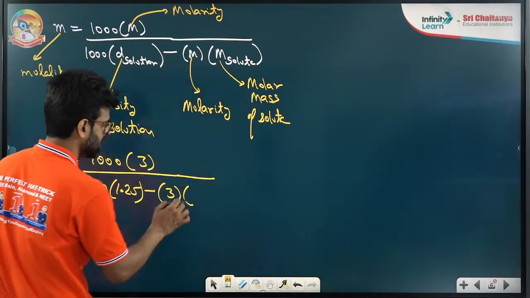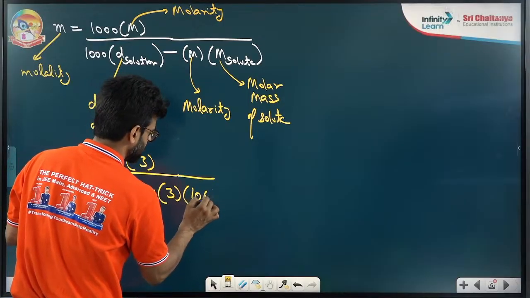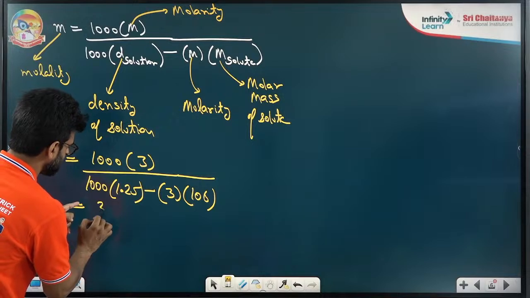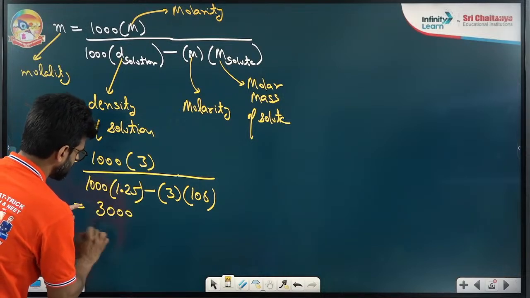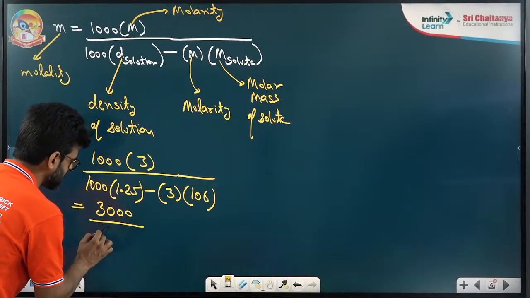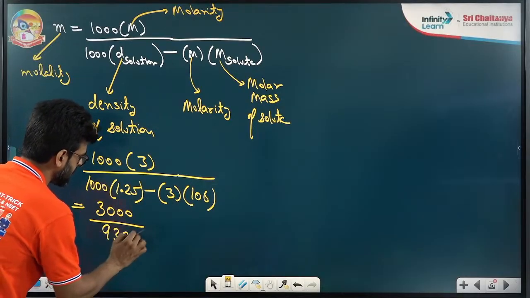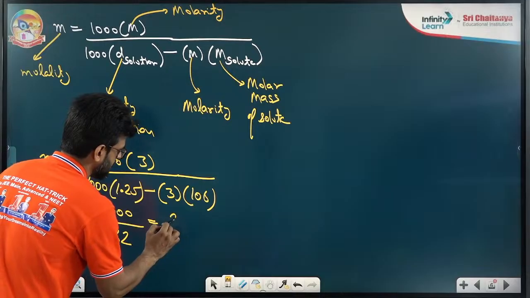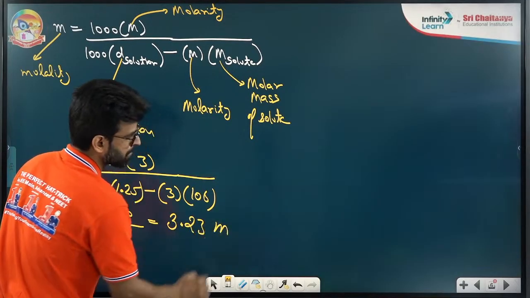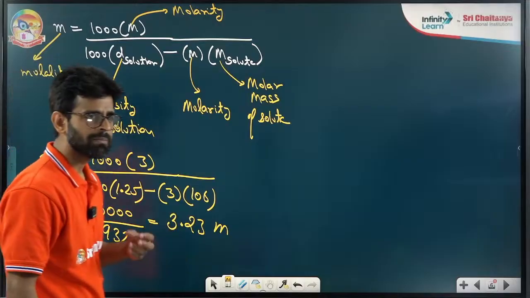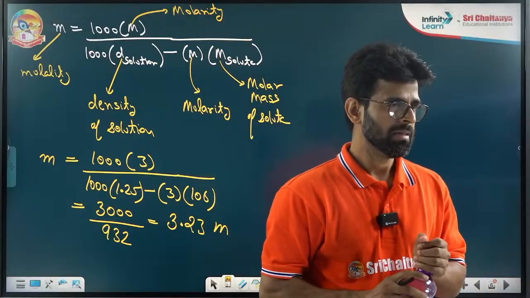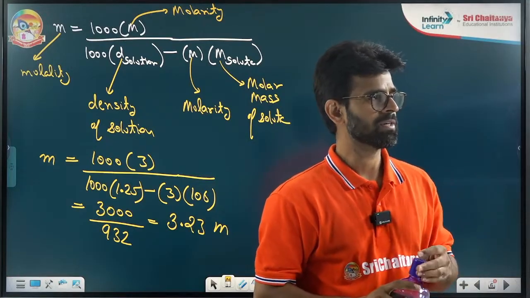So if you solve this, 3000 above divided by 1250 minus 318, it is coming 932, and that was giving us almost 3.23, right? So the same thing you can solve in very less time if you know the shortcut. But definitely for that you have to remember it.